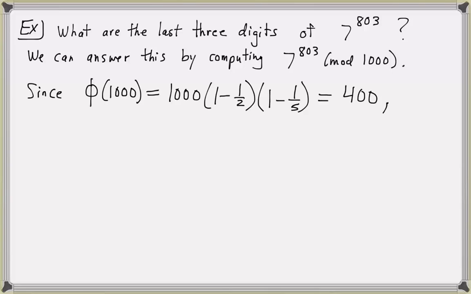So phi of 1,000 is 400. So we know by Euler's theorem that 7 to the power 400 will be congruent to 1 mod 1,000. So this will help us greatly simplify this problem.